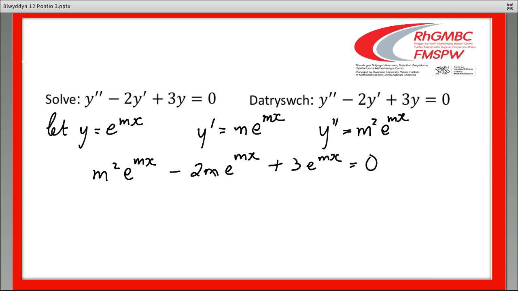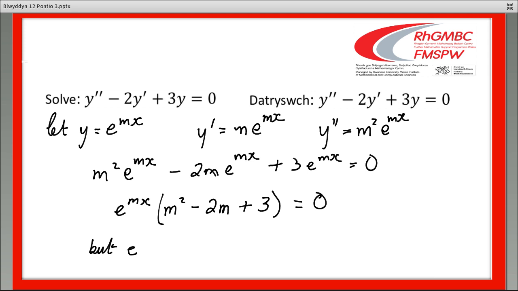equals 0. Take out the common factor of e to the mx, m squared minus 2m plus 3 equals 0, but e to the mx does not equal 0.